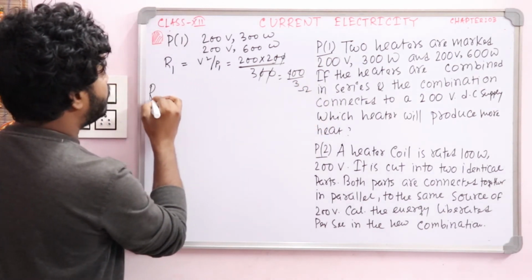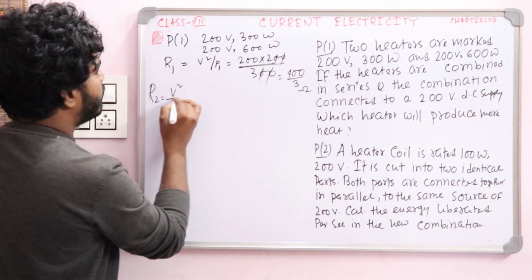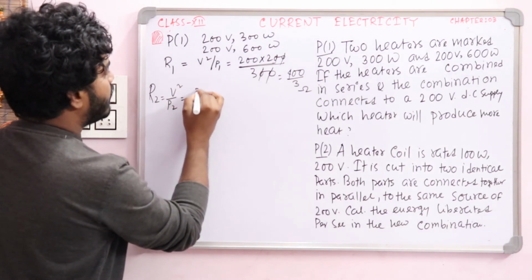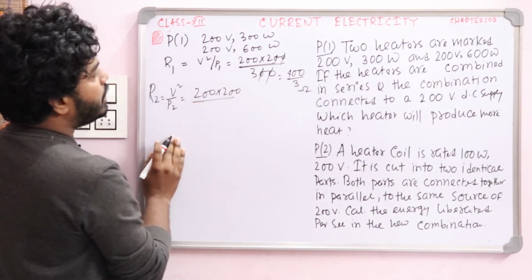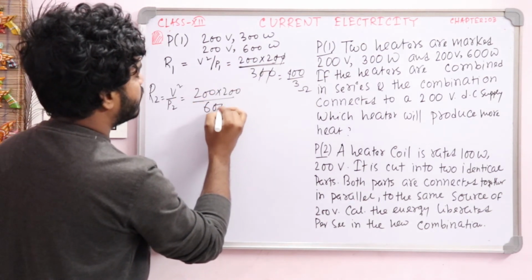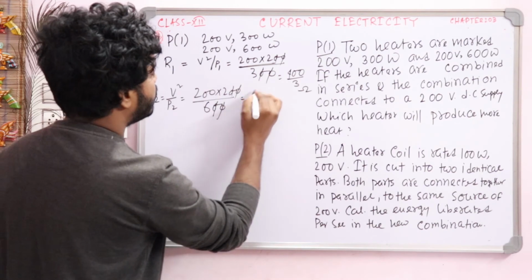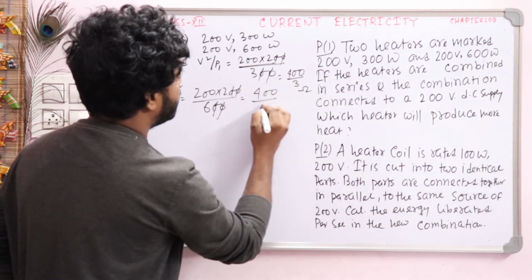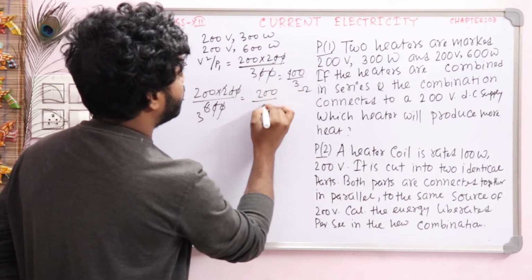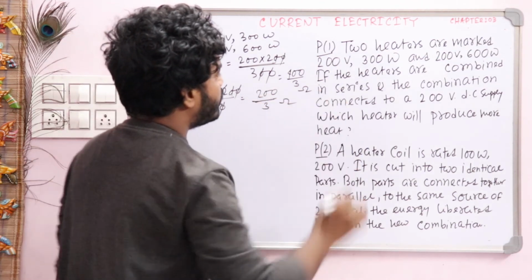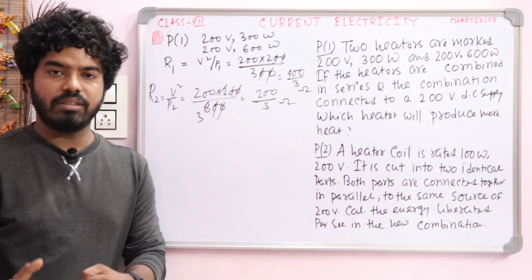And find out R2, that is V square by P2. V square, that is 200 multiplied by 200 upon P2, that is 600. 0 cancels out, so this one becomes 400 divided by 3, and this one becomes 200 divided by 3 ohm. So at first you find out the individual resistance.